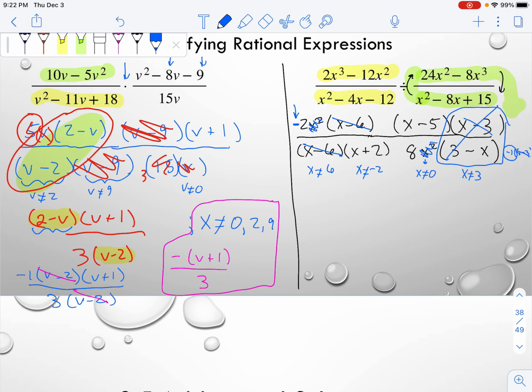The last thing we have to worry about is our coefficients. 2/8 reduces to 1/4. So just keep track of all your simplification. That way when you do your final answer, we don't have a silly mistake somewhere. So let's see what we got left. We have a negative in the numerator. That's gone, that's gone, that's gone, and x minus 5.